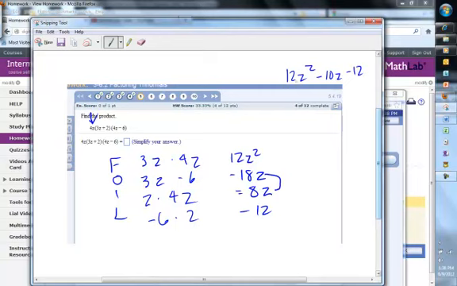Now we have to multiply that by 4z, and we get 48z cubed minus 40z squared minus 48z.